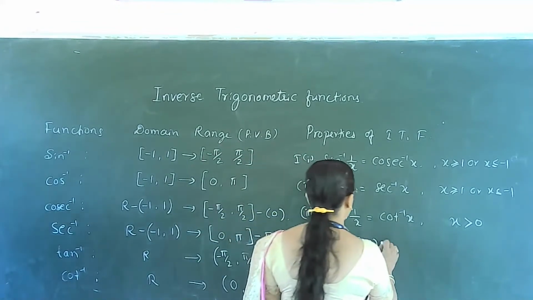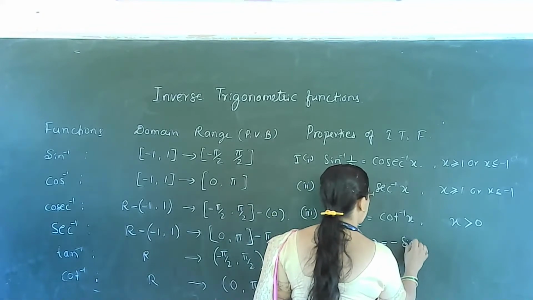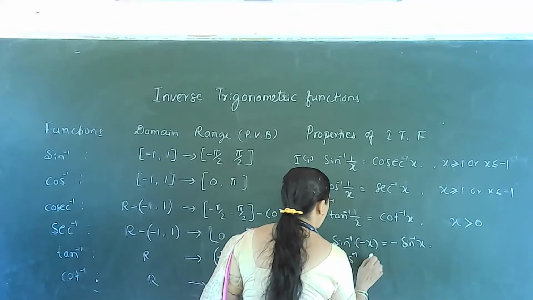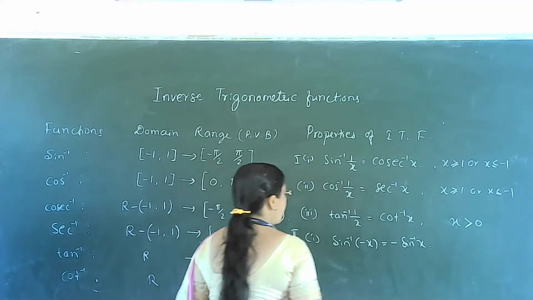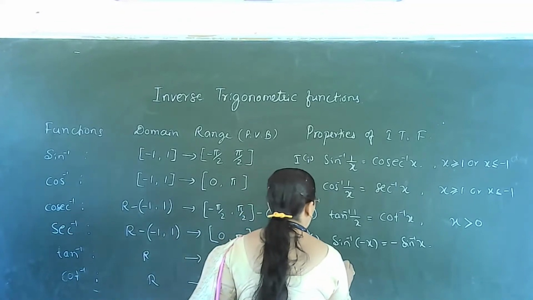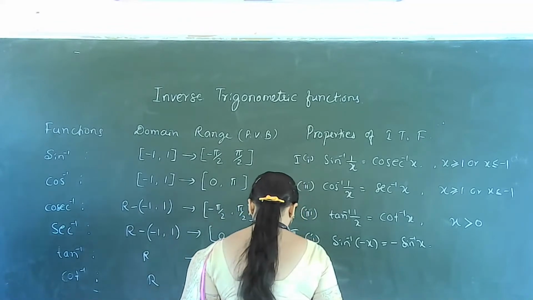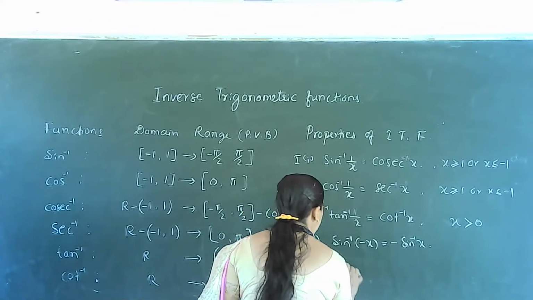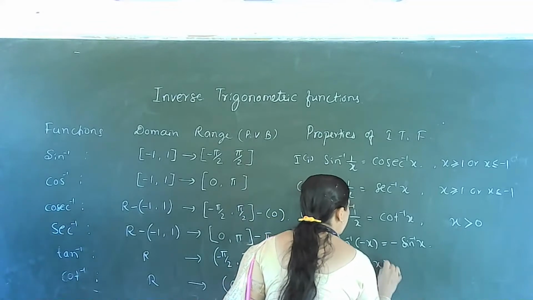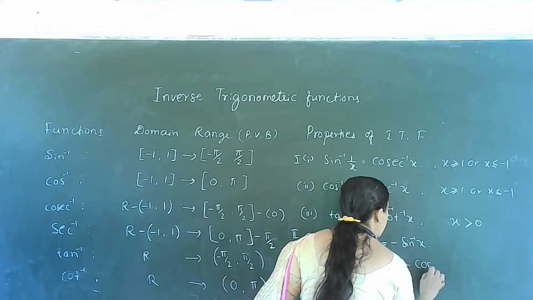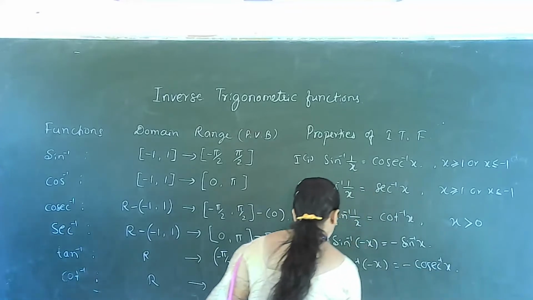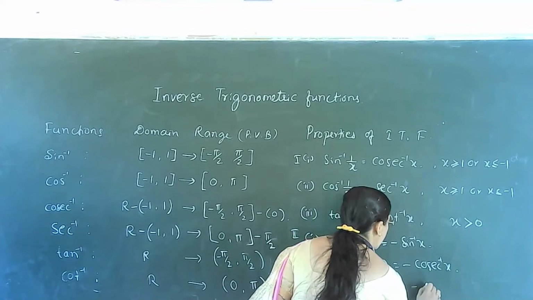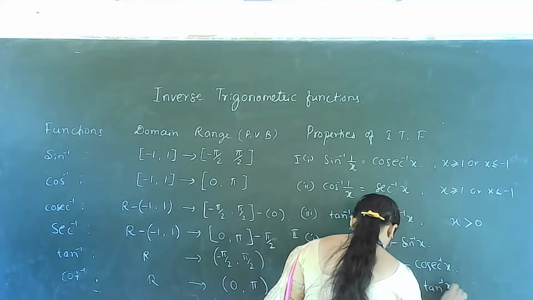Then the next property: sin inverse of minus x is equal to minus sin inverse x. Cosec inverse of minus x is equal to minus cosec inverse x, and tan inverse of minus x is equal to minus tan inverse x.